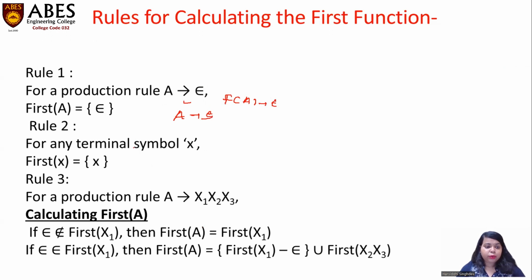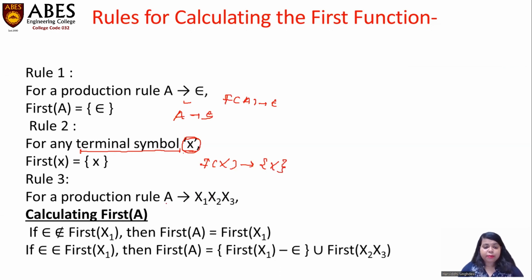Now the rule number 2 is for a terminal symbol. We discussed earlier that a terminal symbol never changes in future. So we can say that the first of x is always x. So we can write first of x as x only.